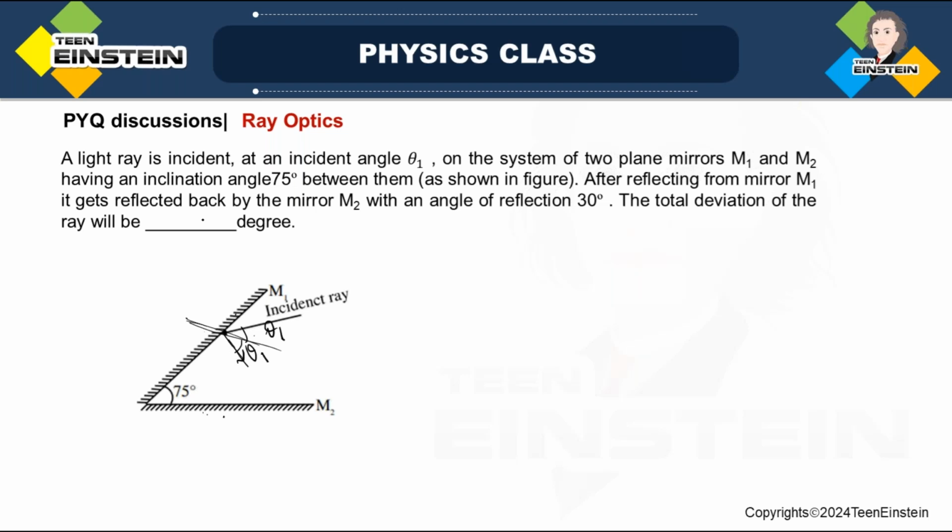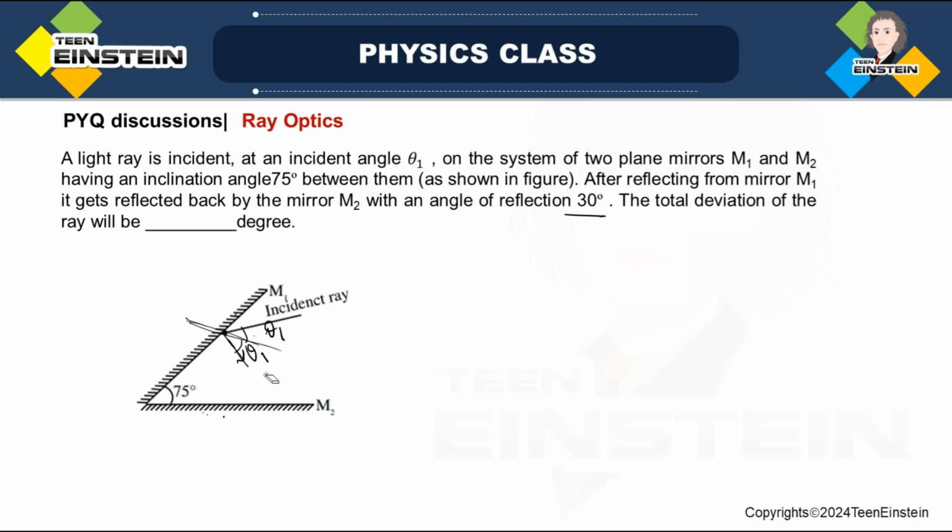After reflecting from mirror M1, it gets reflected back by the mirror M2 with an angle of reflection 30. So let me draw the normal over here, something like this. This will be reflected at 30, somewhat like this.